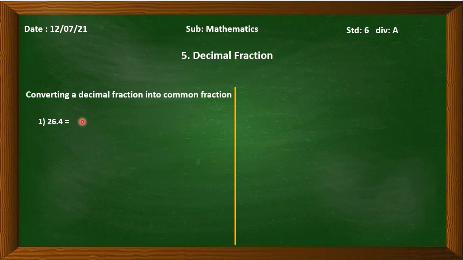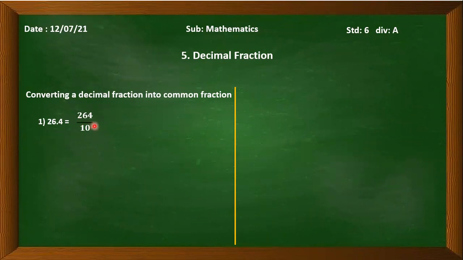Only 1. Yes. So your numerator will contain the number without a decimal point, and your denominator will contain 10. Why 10? Because we are converting into a common fraction.